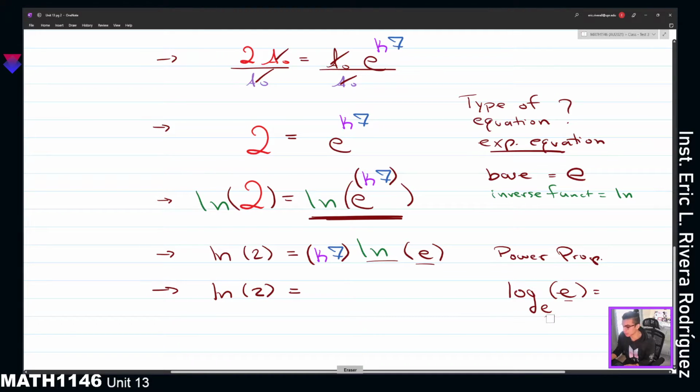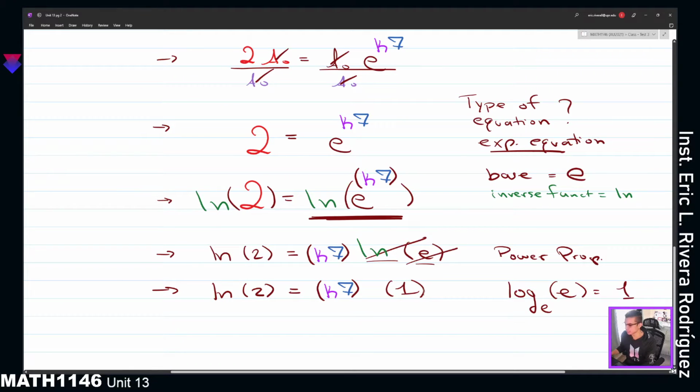It is 1. Remember that to answer the logarithmic function is to ask what is the power of the base that equals the argument. So because natural log or log base e of e is equal to 1, this here gets cancelled. In other words, that becomes 1. Okay?